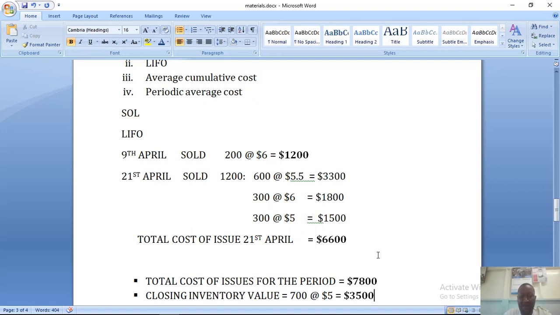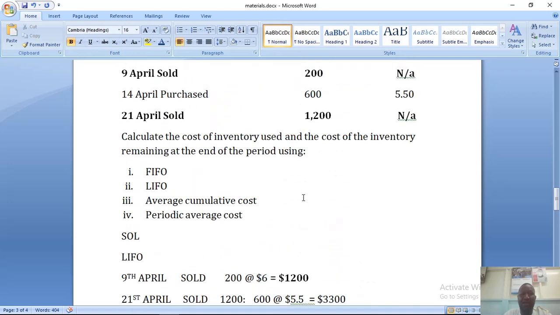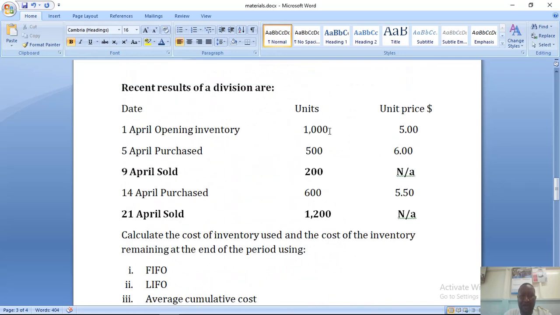The cost of issue on that day was 6,600. Put this and that together gives us the total cost of issue for the period, 7,800. And so the closing inventory will be the 700 units remaining, and these units are all coming from the opening inventory of 1,000 units, and that's why we valued these units at $5 per unit.